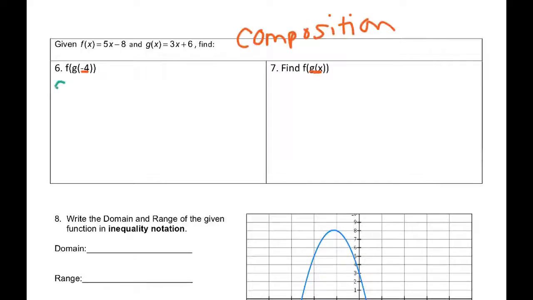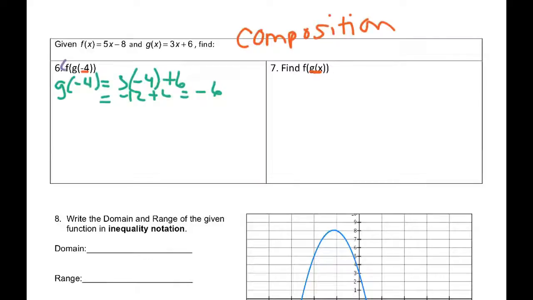So we would want to evaluate what g of negative 4 is first. And so we substitute the negative 4 wherever we see an x and simplify that. That's negative 12 plus 6, which is negative 6. That's the output of the inside part. Now we need to go to the next one.